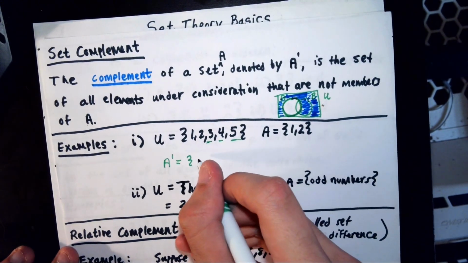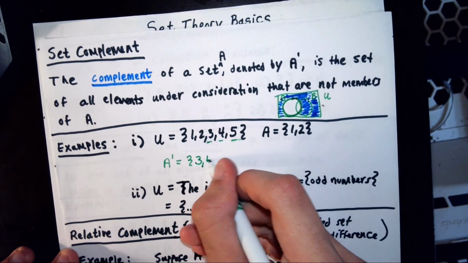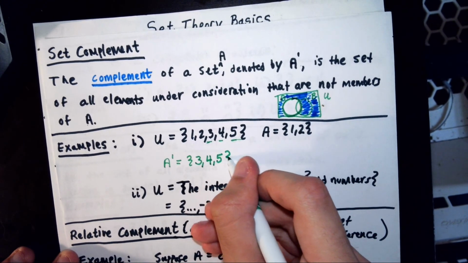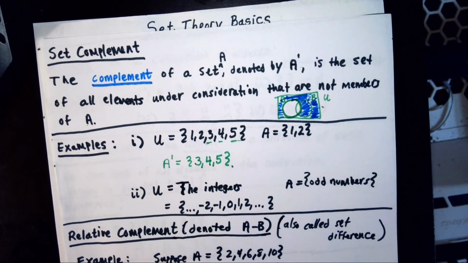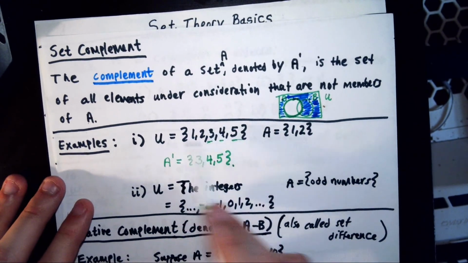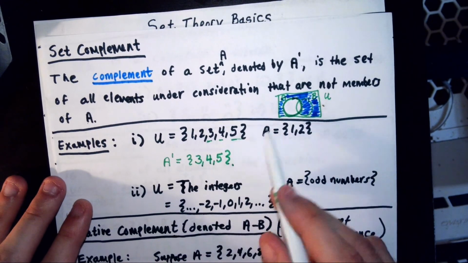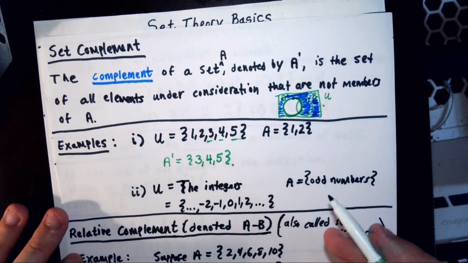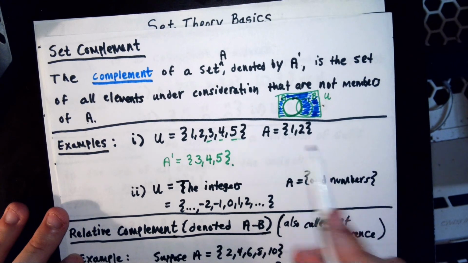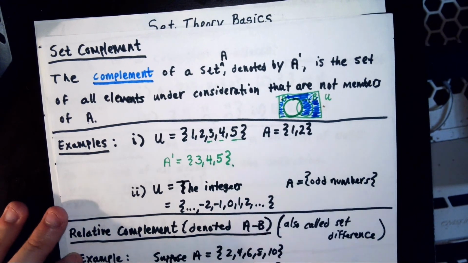So A complement will be the set 3, 4, 5. Again, just to reiterate, it's everything from the universal set that is not a part of A. Good. So we excluded 1 and 2 because they were a part of A.